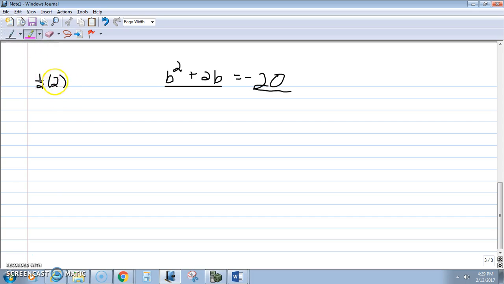So this 2 is the same as this 2, and it's positive this time. 1. And then 1 times 1, or 1 squared, is also just 1. So I'm going to add that. So b squared plus 2b plus 1 equals negative 20 plus 1.